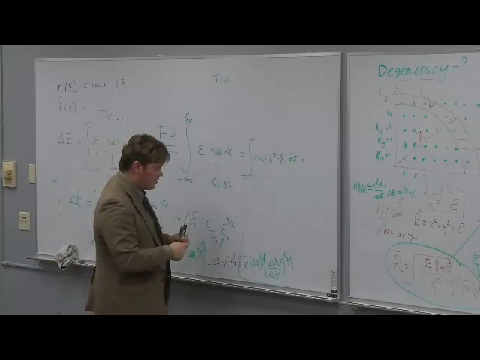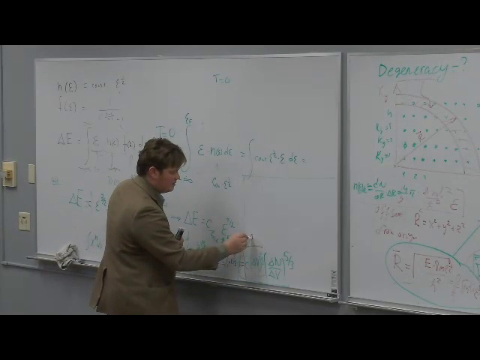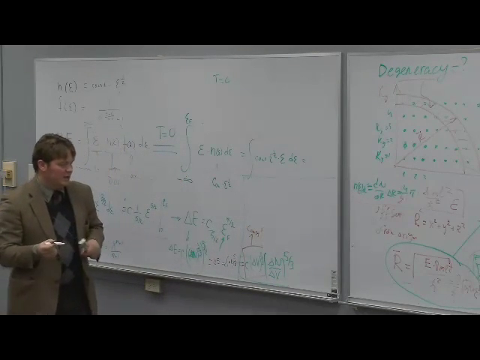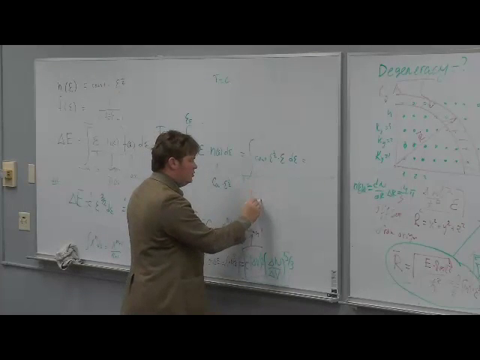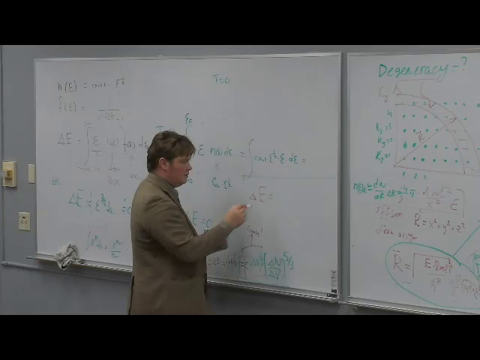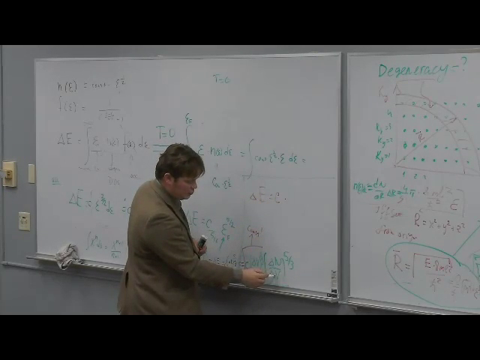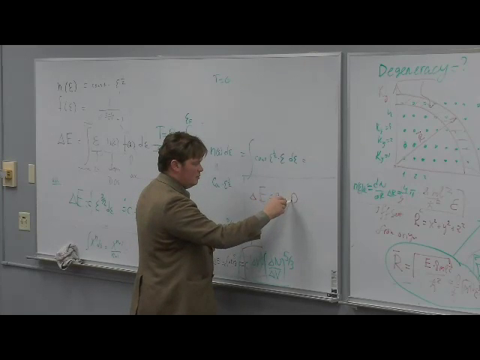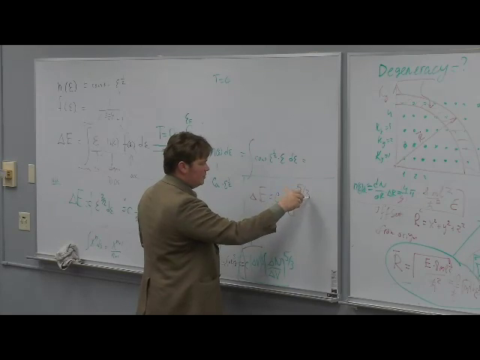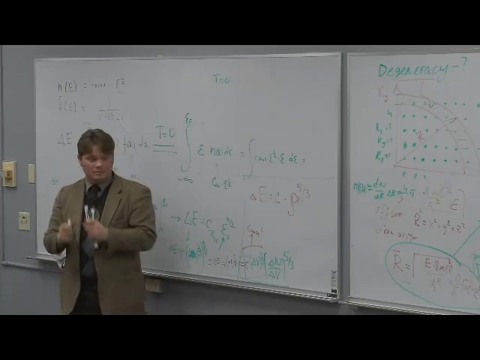Then we redefine anything which is in front as a new constant. And we do have that the total energy in one cell is a constant times delta n over delta V, rho, to the power 5/3. Good? So one box.